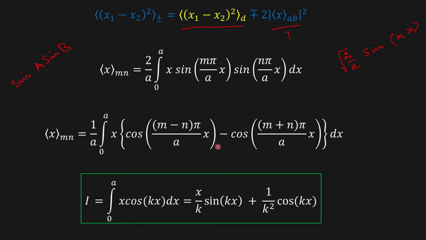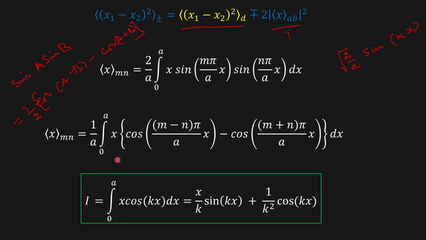Using that formula, 1 over 2 is common, and this 2 will get cancelled with this 2.